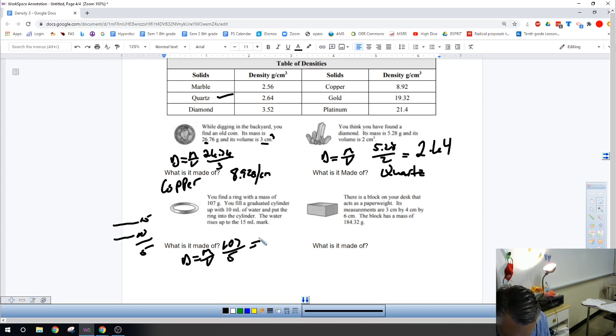So if we take 107 divided by 5, that gives us a density of 21.4. That seems really high. Oh, I was thinking that it was supposed to be gold, but it's platinum.